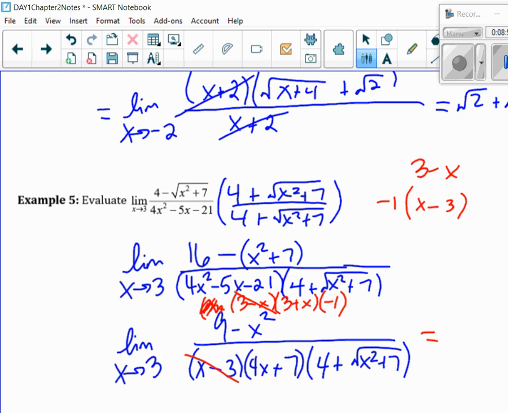I'm going to plug it in. I get 3 plus 3 times minus 1 over, on the bottom I get 12 plus 7, and 4 plus root 16, which is 4. So what do I get on top? I get -6 over 19 times 8.